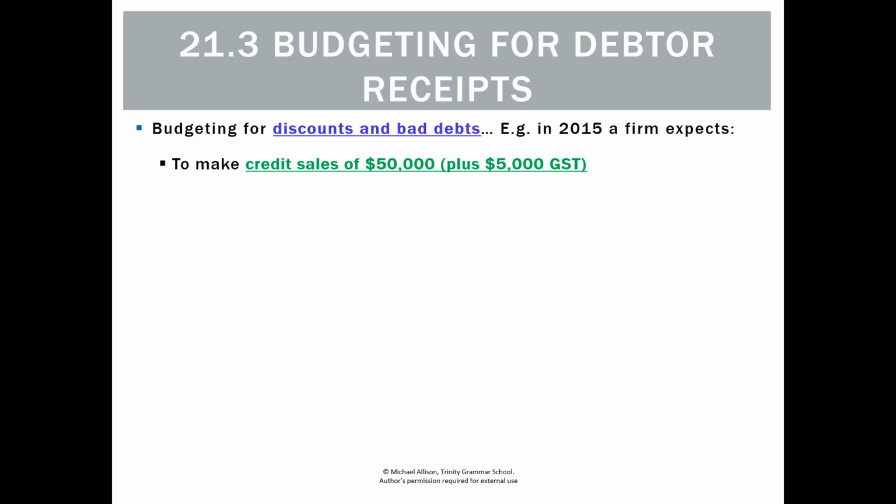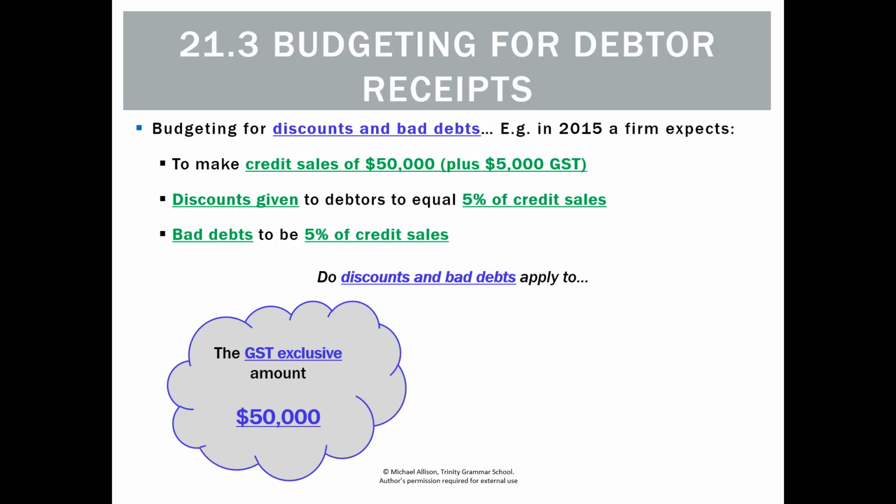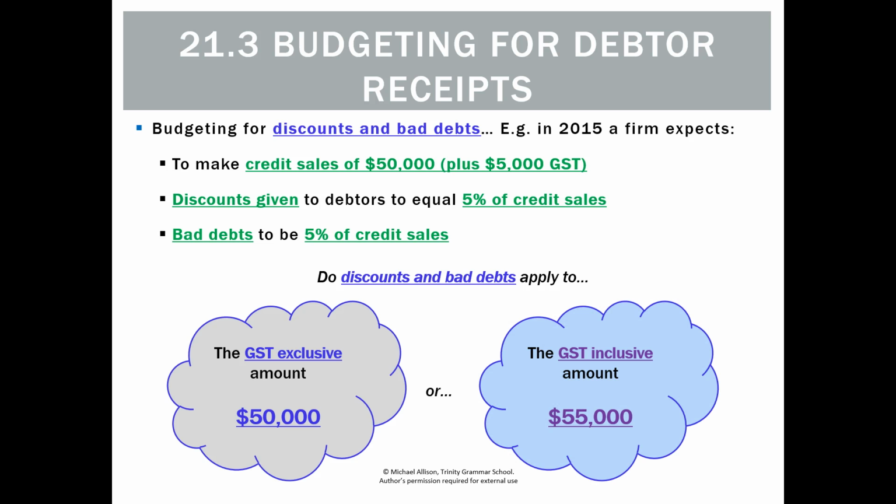Let's keep credit sales at $50,000 plus GST, but let's say discounts given to debtors will be 5% of credit sales and bad debts will also be 5% of credit sales. So in this instance, it doesn't say the amount owing. When we look at whether the discounts and bad debts apply to the GST exclusive or inclusive amount, here it just says the credit sales.